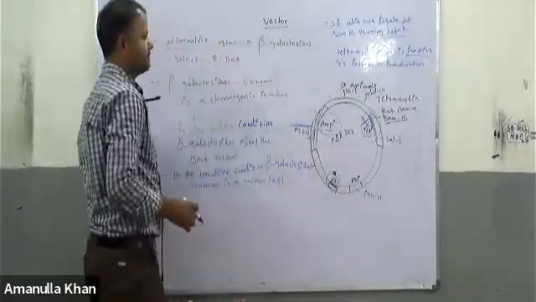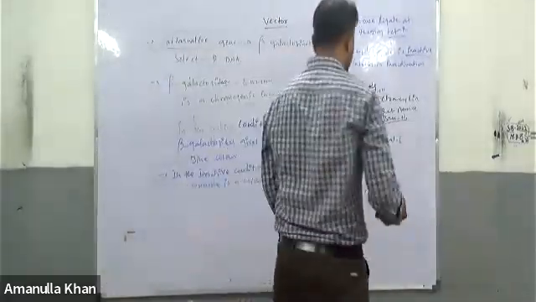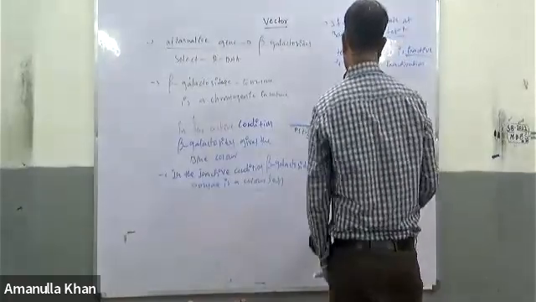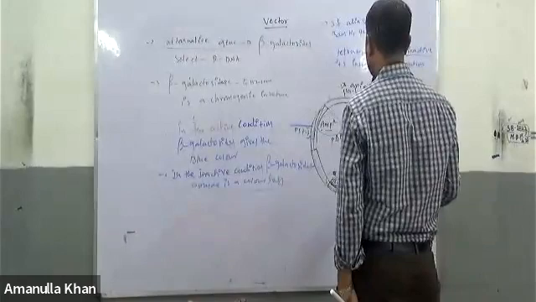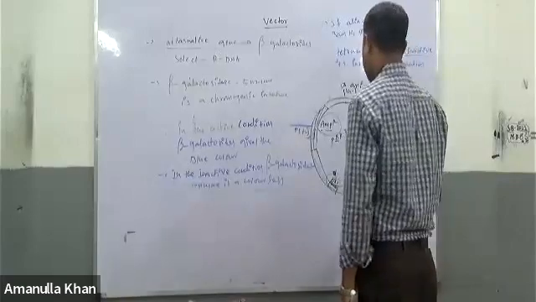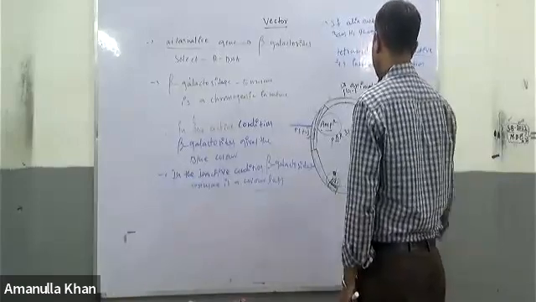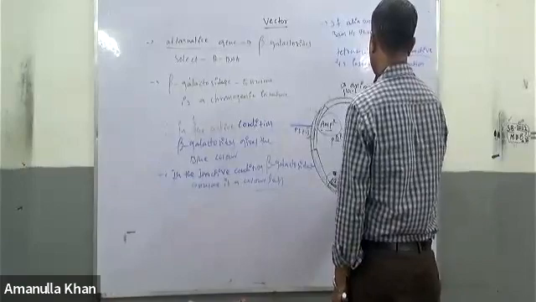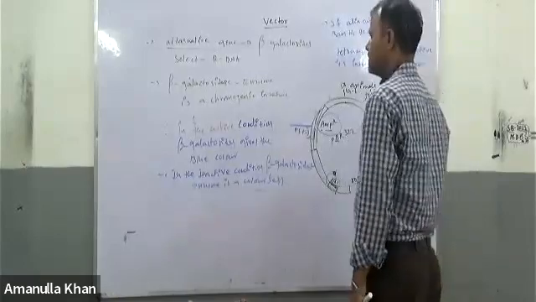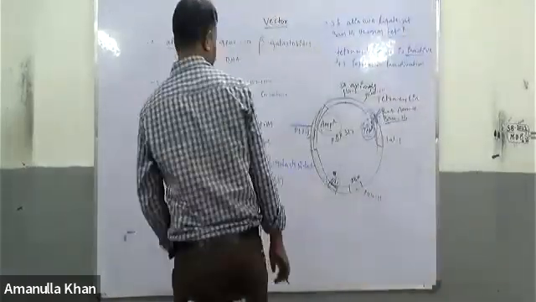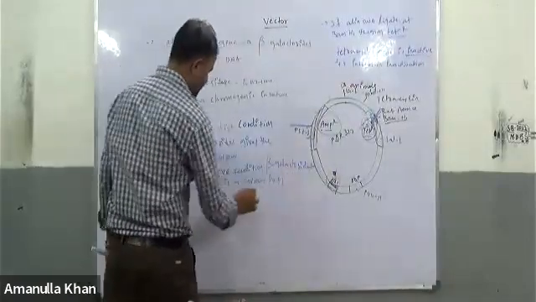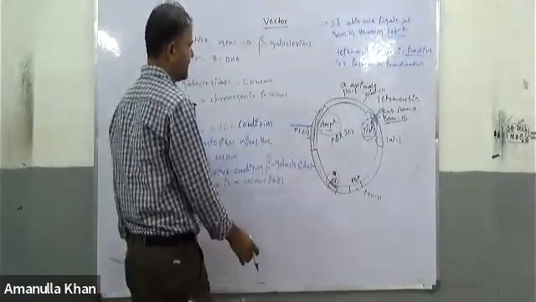Now, if the beta galactosidase is inserted at the tetracycline region here, then in the presence of the insert, it becomes inactive. In the inactive condition, the beta galactosidase enzyme is colorless.